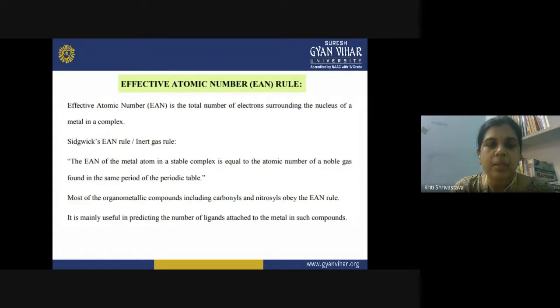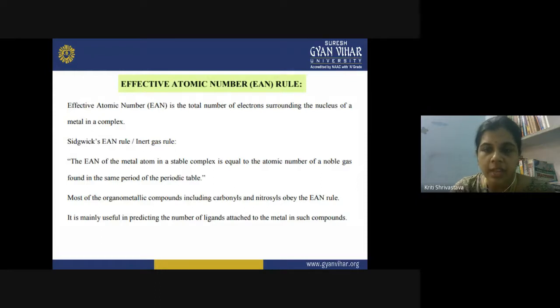Let us see. Sidgwick's EAN rule, also known as the inert gas rule. The effective atomic number of the metal atom in a stable complex is equal to the atomic number of a noble gas found in the same period of the periodic table.